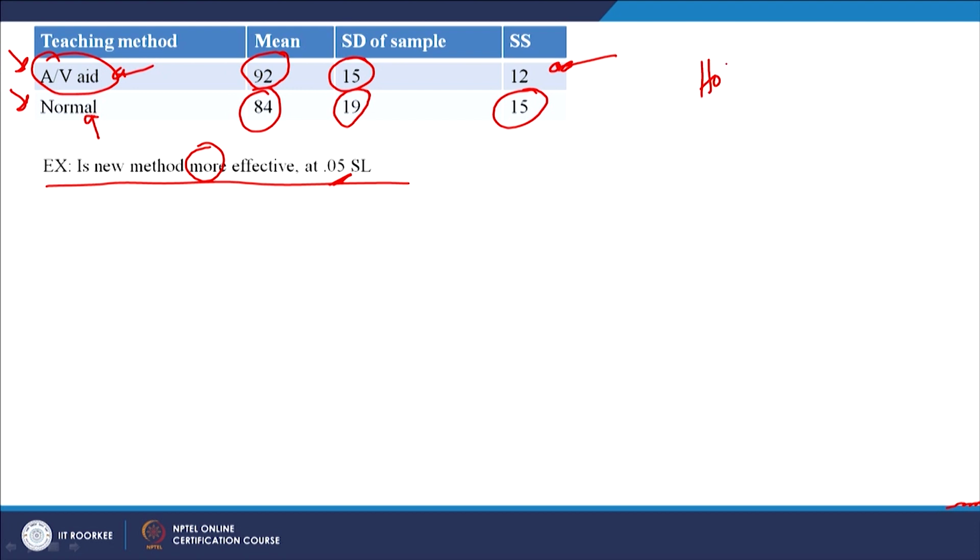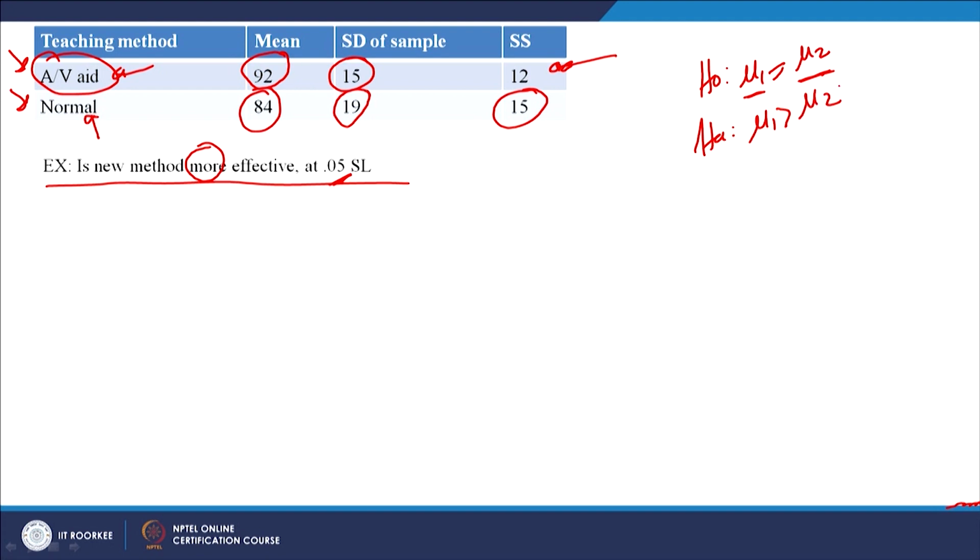The null hypothesis is that mu1 and mu2 are the same. So, the mean marks obtained by the normal method and the mean marks obtained by the audio visual method are the same, right. And the alternative hypothesis is that mu1 is a better method than mu2.